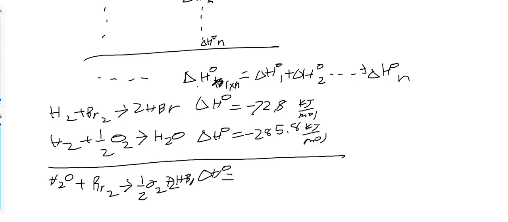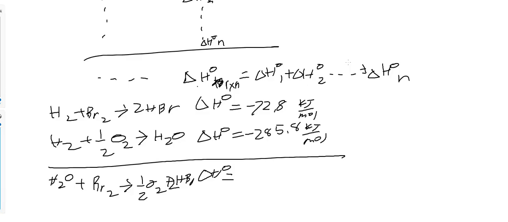Well, it's simple, really. You flip the second equation, putting H2O on the reactant side and H2 on the product side. You can add the two reactions together, H2 will cancel, and Br2 and water are left on the reactant side, and half an oxygen and 2 HBr are left on the product side.